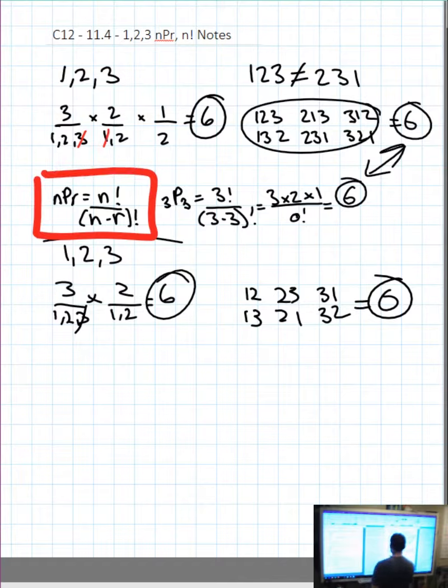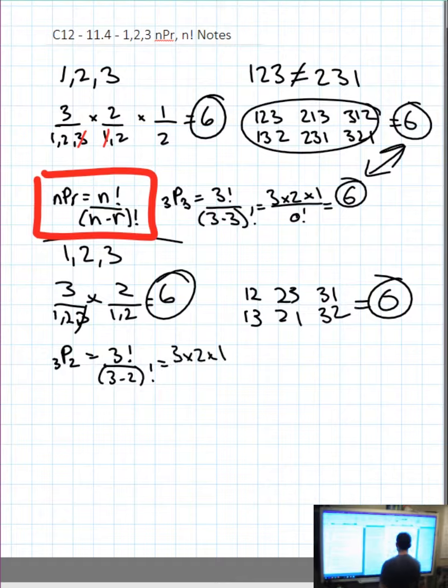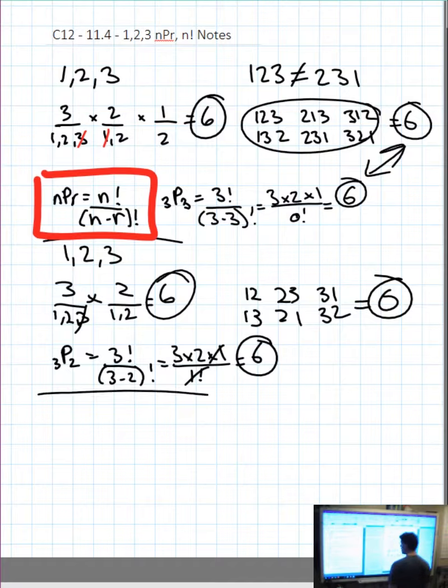So that is 3 things to choose from, P, and we're choosing 2 of them, which is 3 factorial over (3 minus 2) factorial, which is 3 times 2 times 1 over 3 minus 2 is 1 factorial, which is also equal to 6. So again, we can use fundamental counting principle, we can draw them all out, or we can use permutation notation.